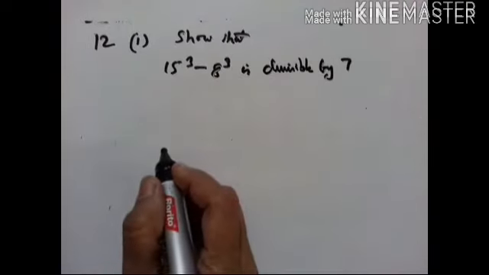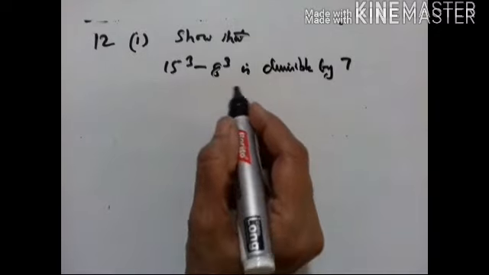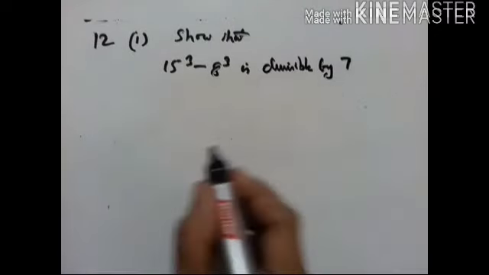Twelfth example, we have to show that 15 cube minus 8 cube is divisible by 7.